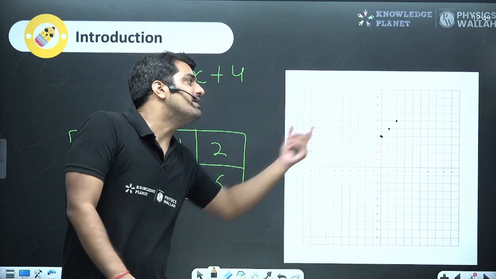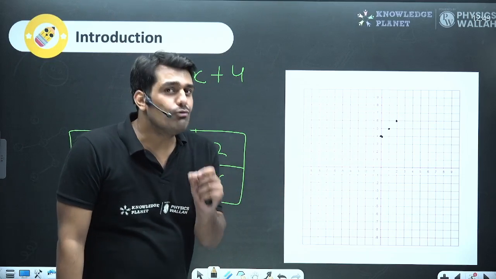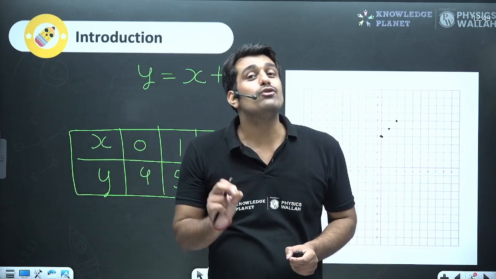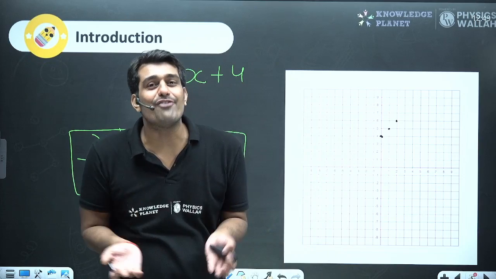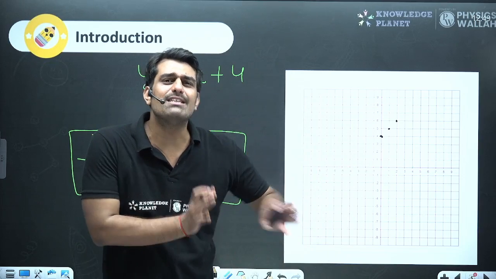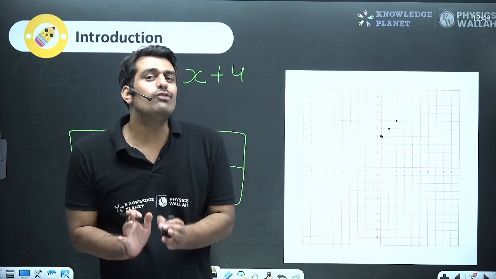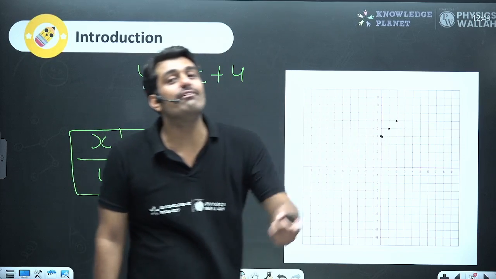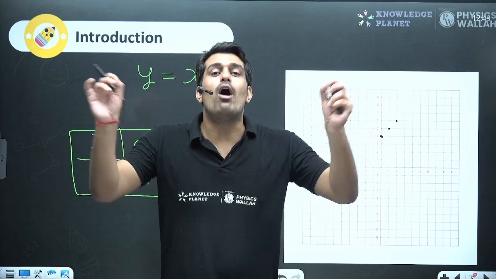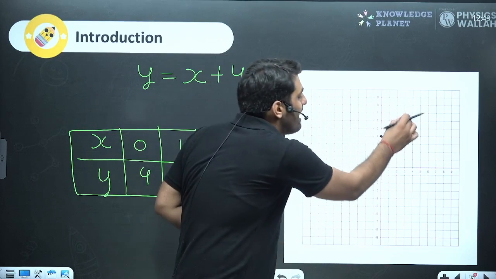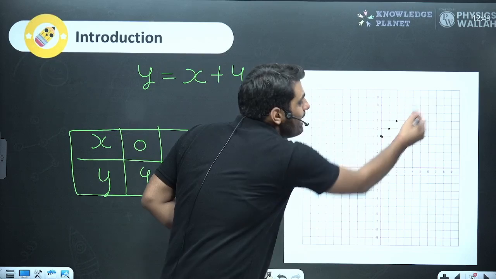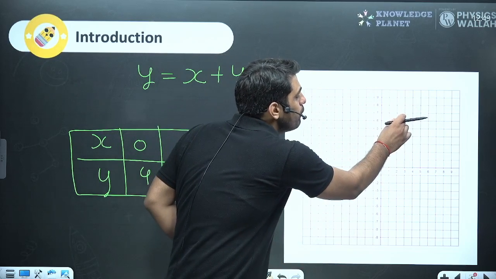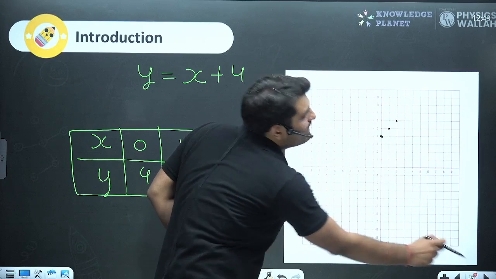But I have taken 3 points over here. My suggestion to everyone would be that you take 3 points, because in case you make any calculation error, which is very common with most students, you will end up forming a different line. The correct line would be like this, and if you get a wrong point, let's say 1 point over here, second point over here, you'll end up plotting a line like this.